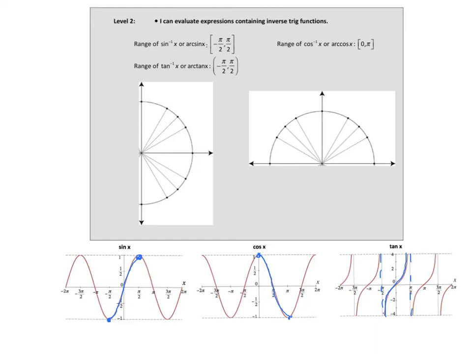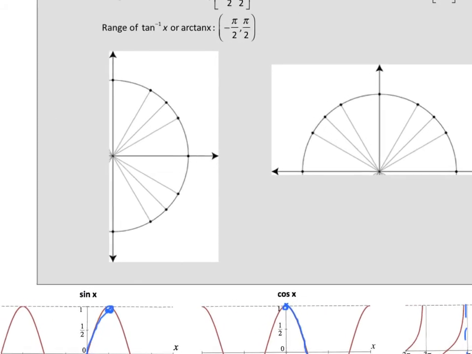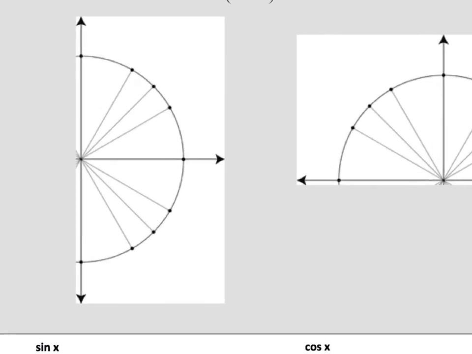So when we evaluate inverse trig functions for sine and tangent, on our unit circle, we are going to look from negative pi over 2 to pi over 2. So only this section of the graph.